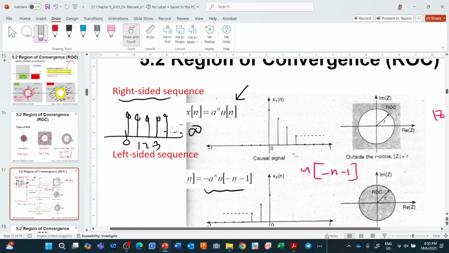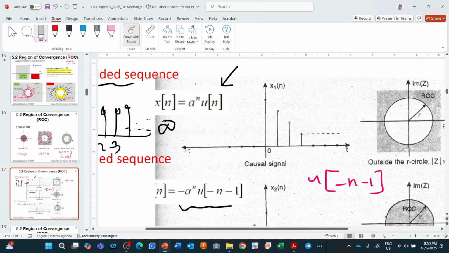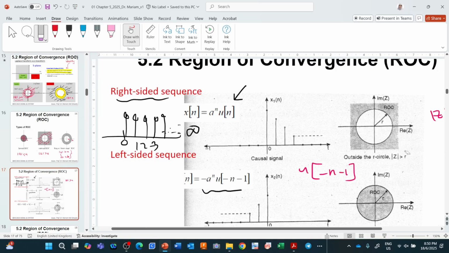Based on the region of convergence, look at the first one. We have identified that the first one is the outward type ROC. For outward type, the equation is a^n u[n], which is a right-sided sequence.